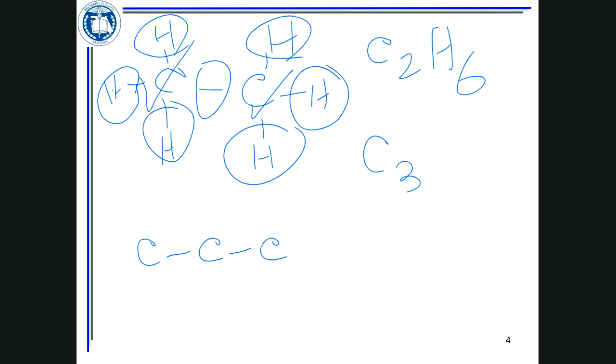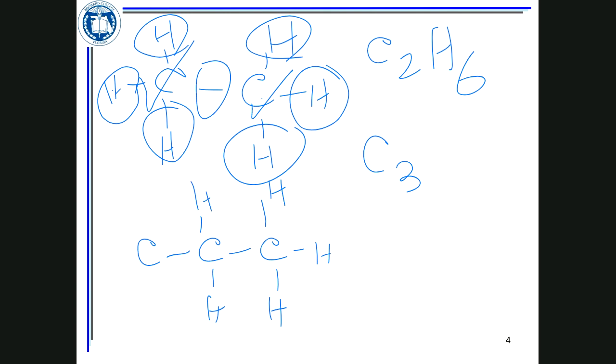We are going to add 3 hydrogens to the beginning of the chain. Very good. 3 hydrogens to the first carbon. How many hydrogens do I need for the carbon in the middle? 2 only, because it already has 2 bonds to the other carbons.